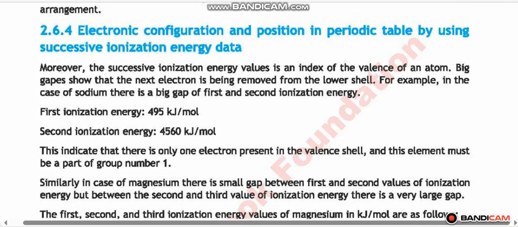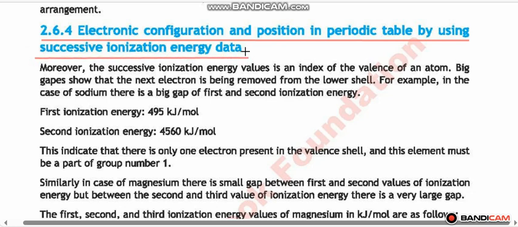Next topic is the electronic configuration and position in the periodic table by using successive ionization energy data. What is meant by successive ionization energy data? It is the data which is collected when we remove 1, 2 or more than 2 electrons from the given element. If we remove 1 electron and then the second electron, then we call these energies successive ionization energies.